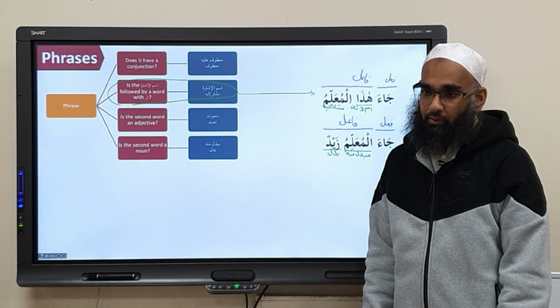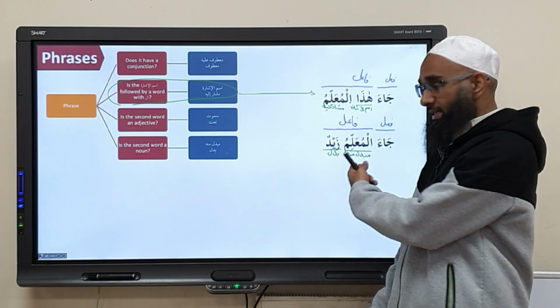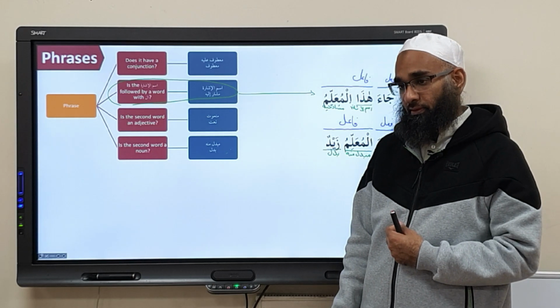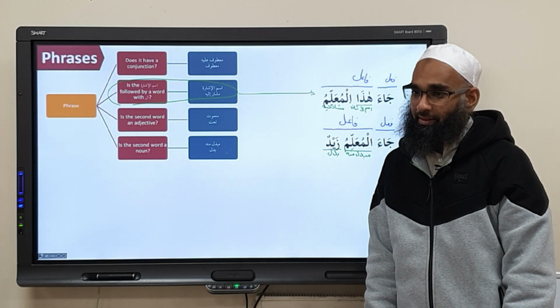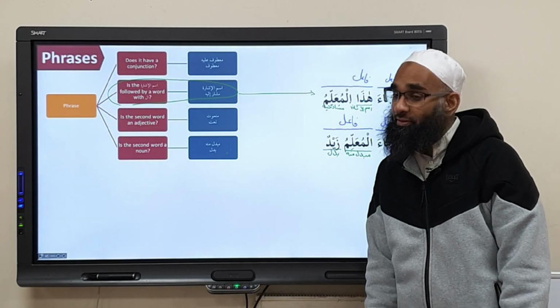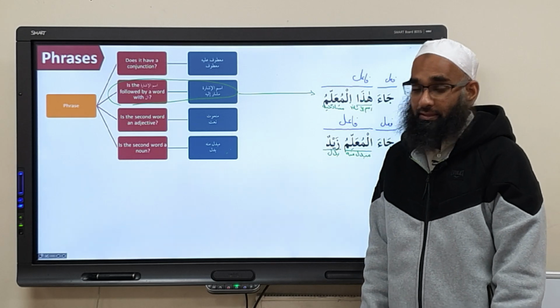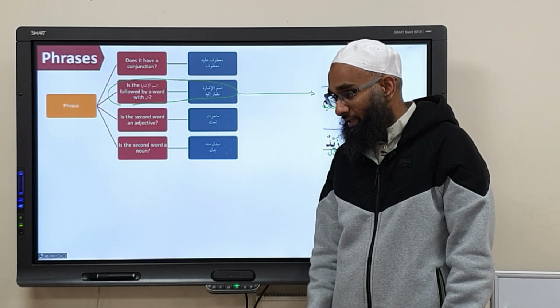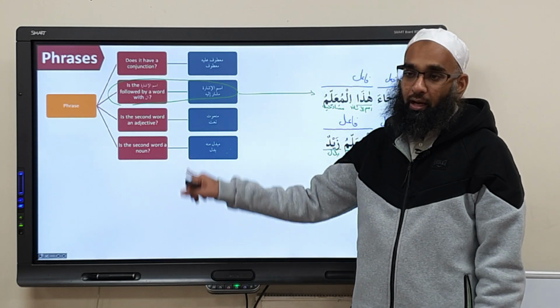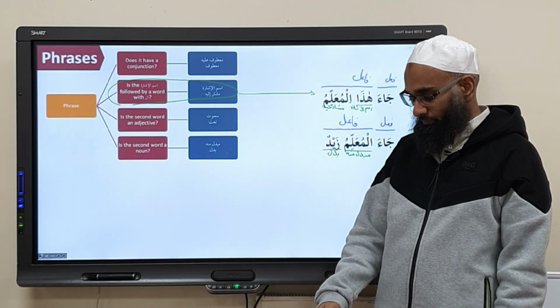The second one has to be an adjective. Is Zaydun an adjective here? Is Zayd a describing word? Oh, you're very Zayd today. So is it an adjective or is it a noun? It's a noun. So if you have two words together, and the second word is a noun, what is it going to be? A mubdalun minhu badal.